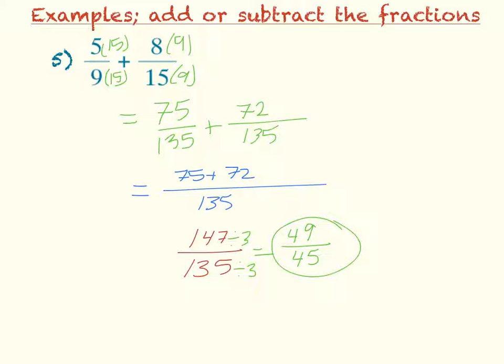And that's fine if you want to leave your answer like that, or we can change it to an improper or a mixed number. And if you do that, then 45 goes into 49 one time, and we're left with 49 minus 45 is 4, so 1 and 4 over 45. So either one of those answers will be fine.